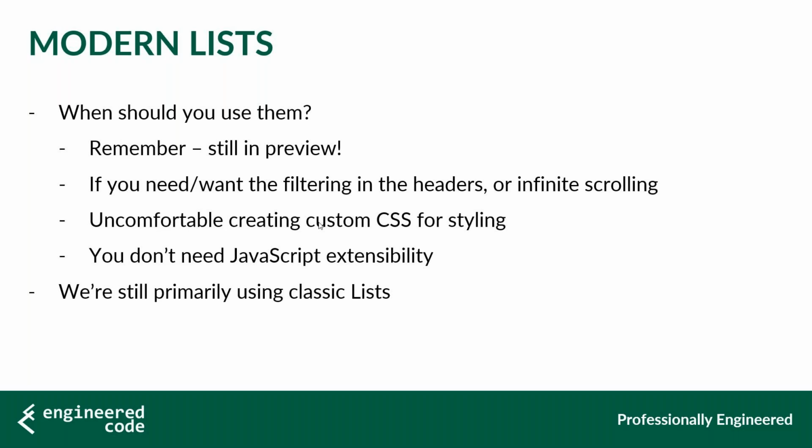You wouldn't launch with modern lists and then, because you need some JavaScript, just flip back to the classic list. It's hard to go from modern list back to classic. So our default is still very much the classic list, but in certain use cases the modern list can be a helpful tool as well.